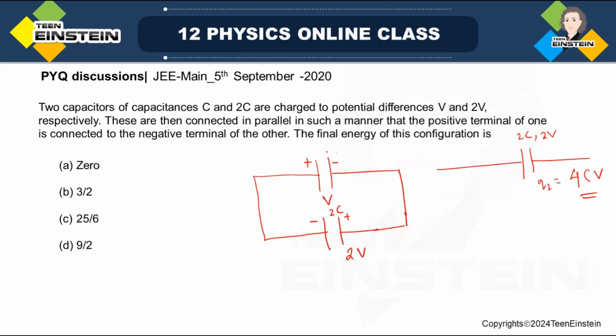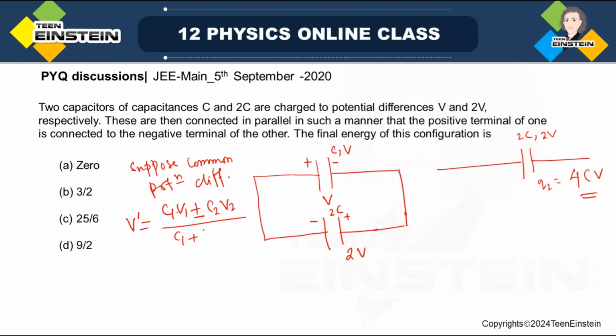What is the formula for the common potential? Let us say the common potential difference after connection is V prime, given by C1 V1 plus or minus C2 V2 divided by C1 plus C2.